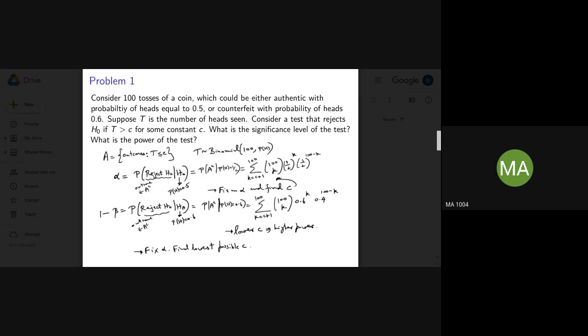Like when you accept the null hypothesis, all such outcomes come in A. So here the test is reject H naught if T is greater than C. Let us take there are 100 tosses, and suppose when the heads are greater than 30, we reject the null hypothesis.